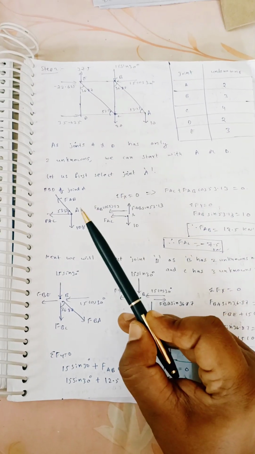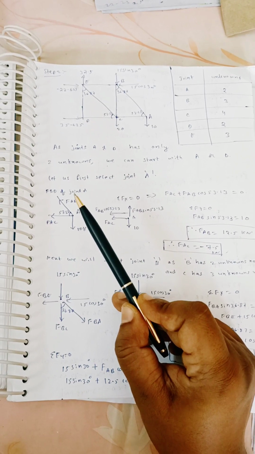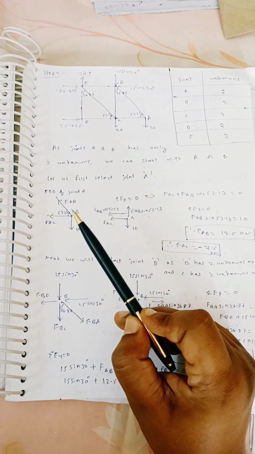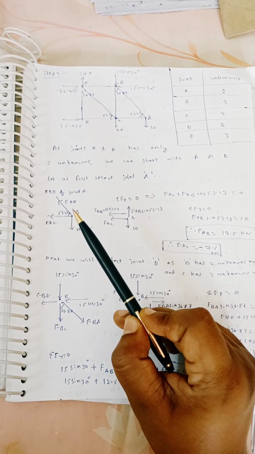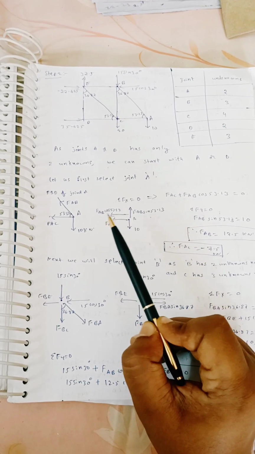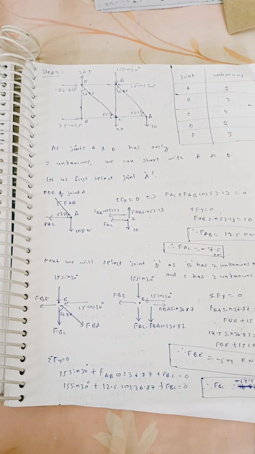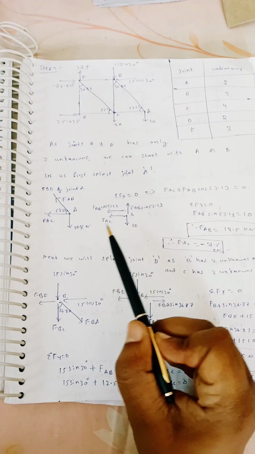Now I will resolve FAB into a vertical component and a horizontal component. The vertical component of FAB is FAB sin 53.13. The horizontal component is FAB cos 53.13. Now I have all the horizontal and vertical forces.